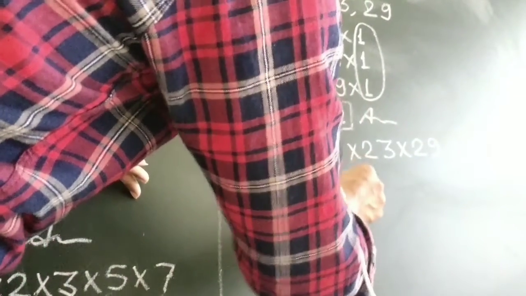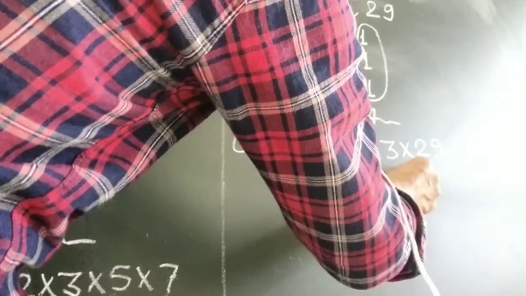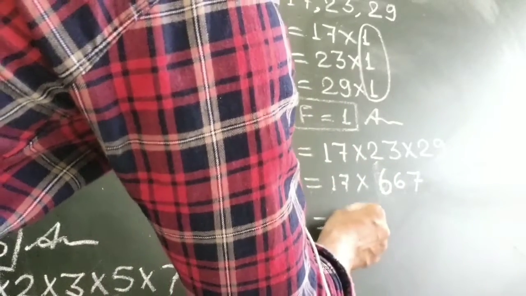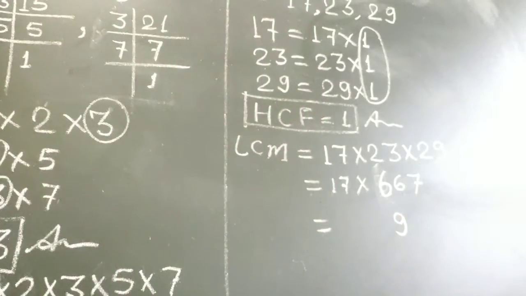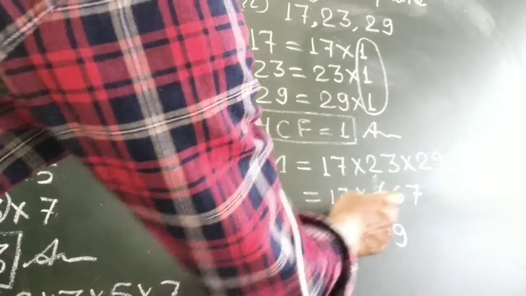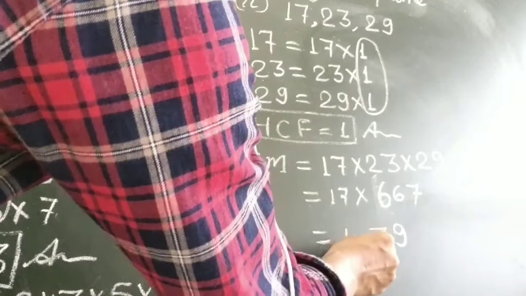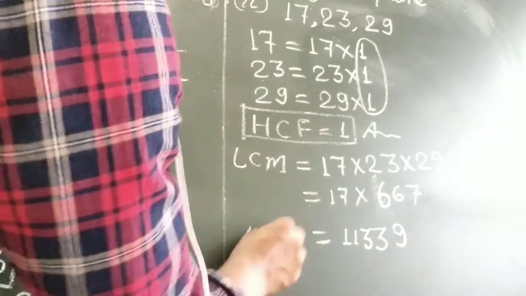Now we will multiply these numbers. 29 3s are 87, carry 8, and 29 2s are 58 plus 8 is 66. So 667 multiplied by 17, carry 11, 17 6s are 102 and 11 is 113, carry 11 and 113. So the LCM is this.